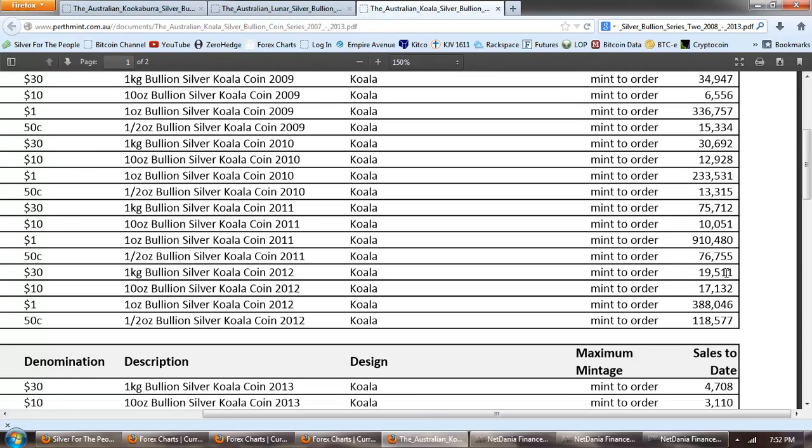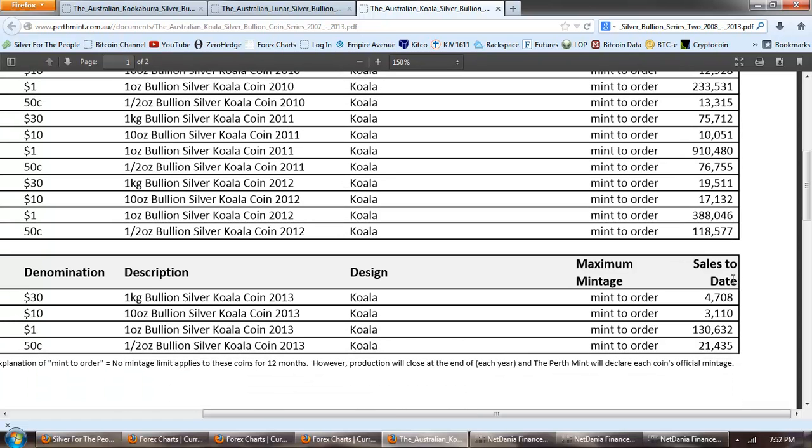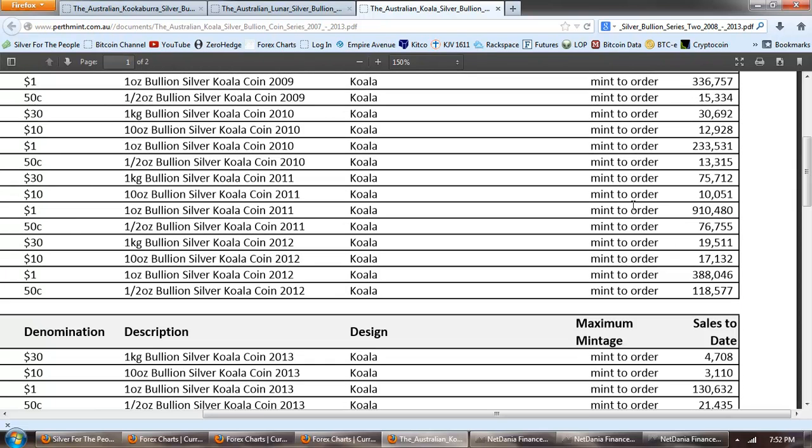The 2012 backed off quite a bit at 388,000, and then you can see the 2013 Koala is only at 130,000 so far this year. So a big outlier with that 2011. I have some of those. I wish I would have bought the half ounce.